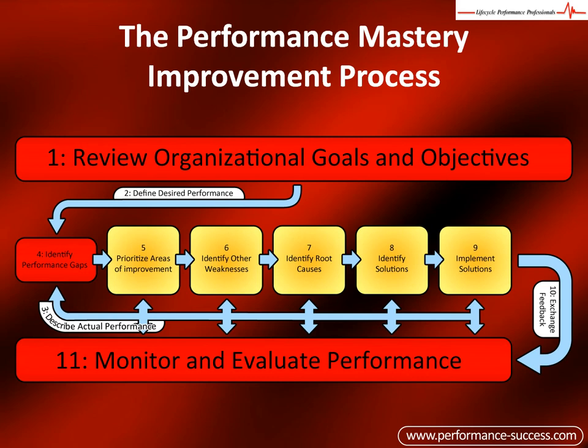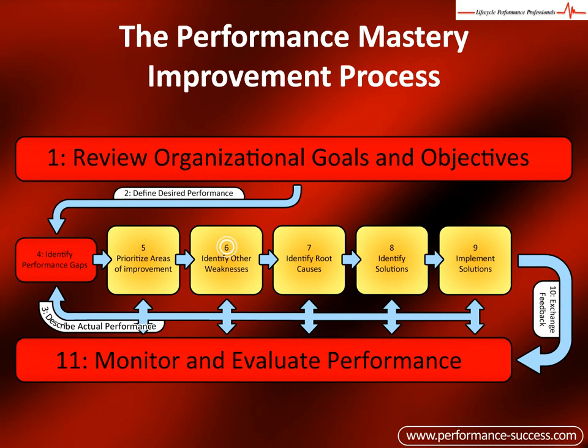The steps in the Performance Mastery Improvement Process include 1. Review organizational goals and objectives. 2. Define desired performance. Step 3. Describe actual performance. Step 4. Identify the performance gaps. Step 5. Prioritize areas of improvement. Step 6.